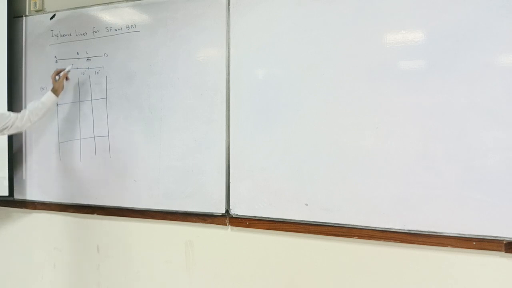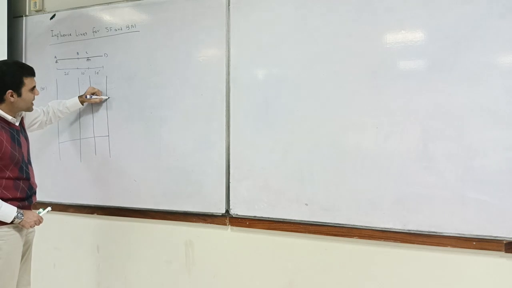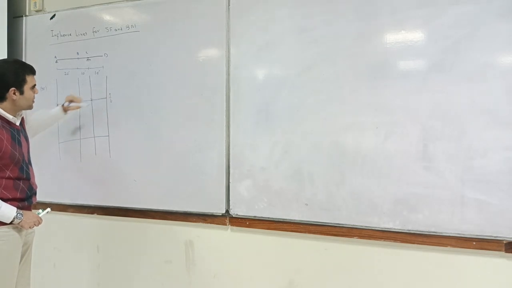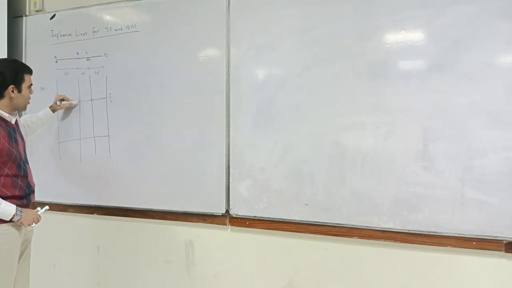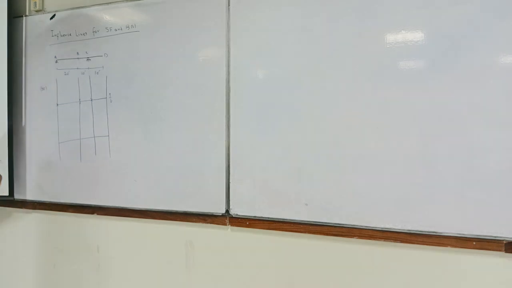This support shouldn't move. So your influence line should touch these two points. This support can move up and down, and this one can also move up or down. Okay, so is that okay? Yes, sir.